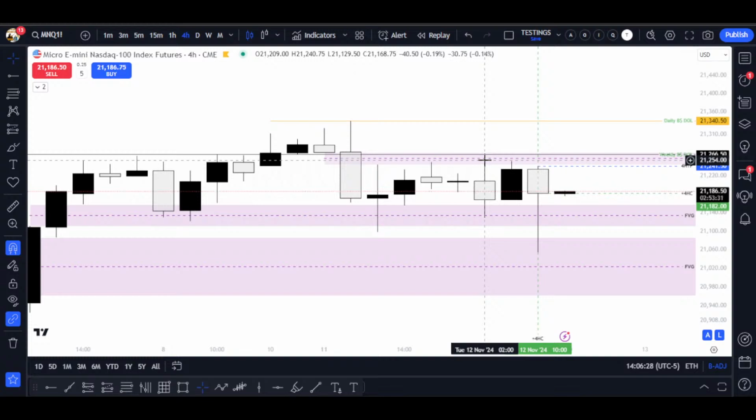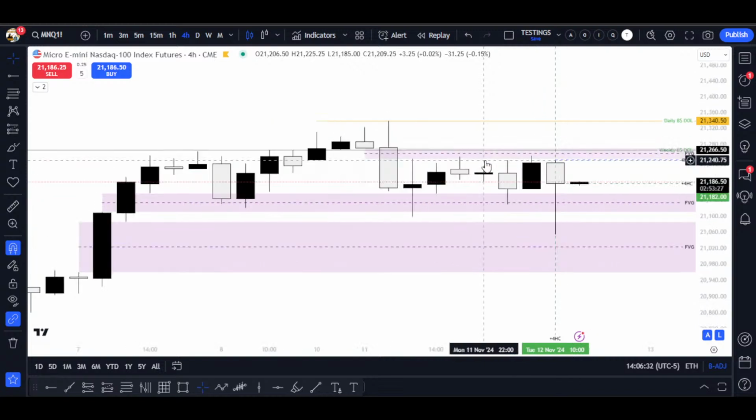I lean more towards the candle impulse theory. That's pretty much how I get my monthly, weekly, daily, 4 hour biases, period. Using basically how one particular candle closes relative to the previous candle.